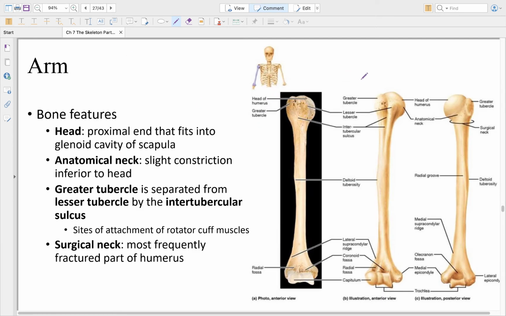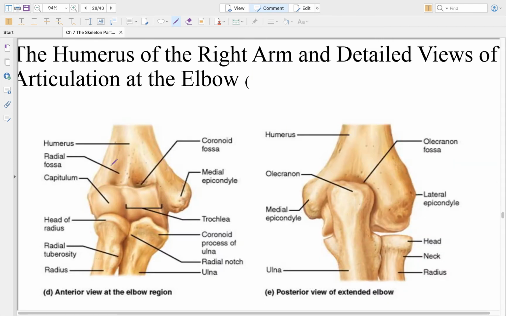Okay, the humerus is your upper arm. And a good way to remember this is it makes up your shoulder joint. And so if you've ever bumped your shoulder, your elbow joint, not your shoulder joint.